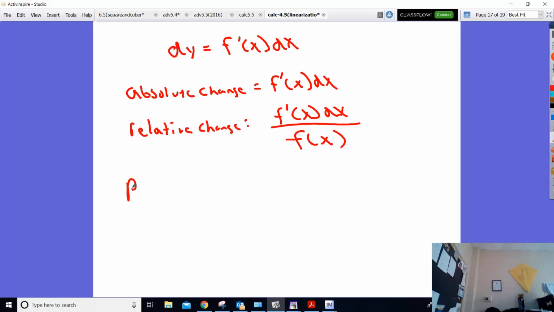Then you have percentage, which is relative times 100. I was trying to figure out how to teach that without actually writing this stuff down. I think it's best if you just have that written down.